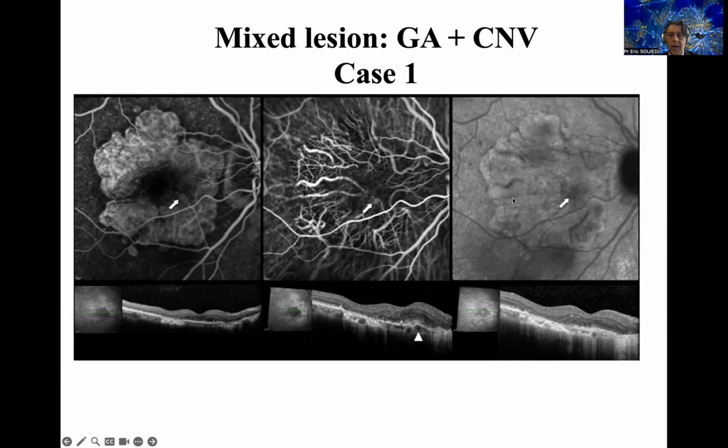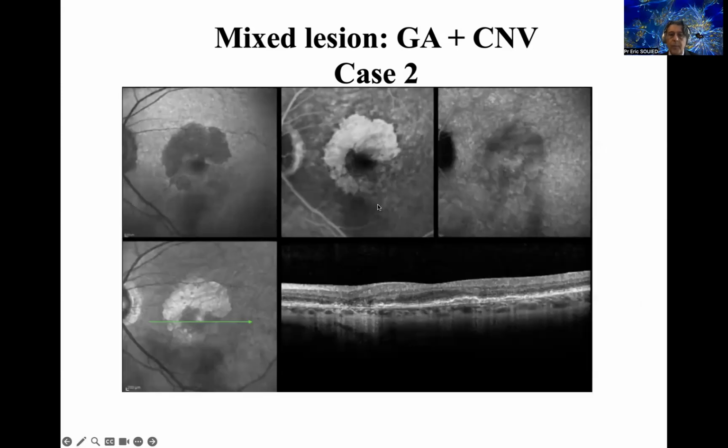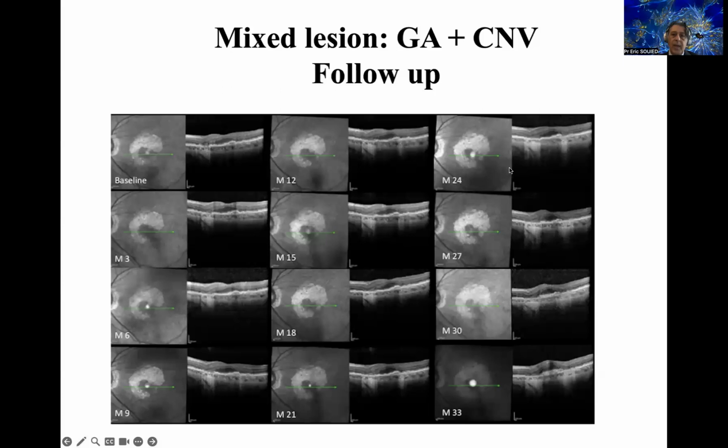ICG can show and evidence the flow. Here's another example, here on the elevated RPE, a small FIPED, and here hypercyanescence on this patient, and the follow-up after the treatment.